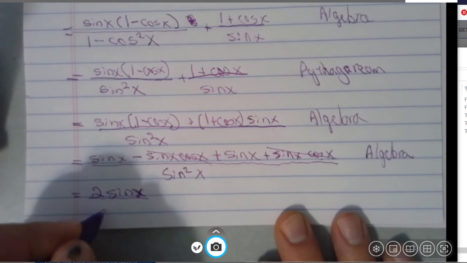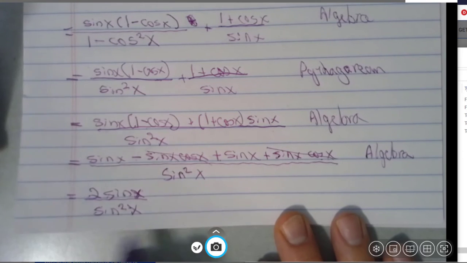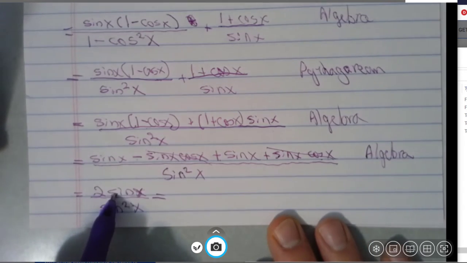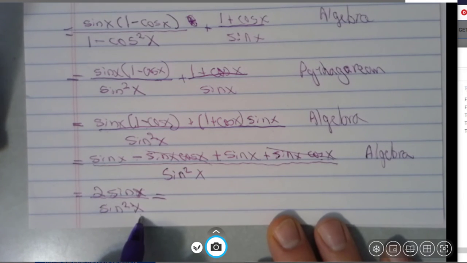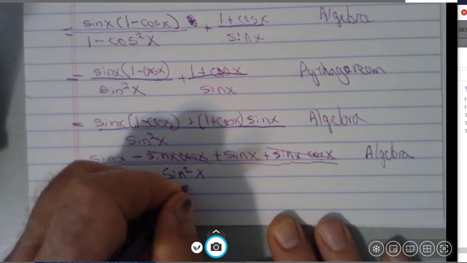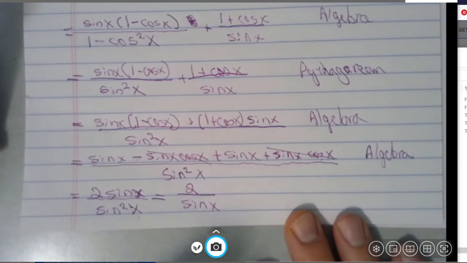And in the denominator, I have sine squared x, which means sine of x times itself. Okay, well, sine of x in the numerator, sine squared in the denominator, one factor of sine of x cancels out, so I have 2 over sine of x.